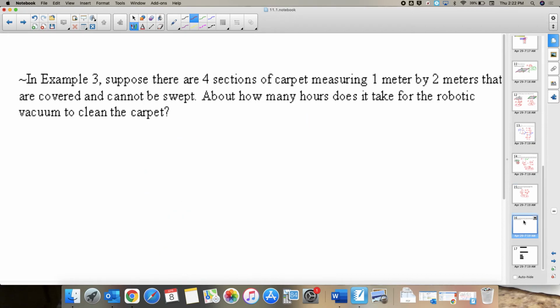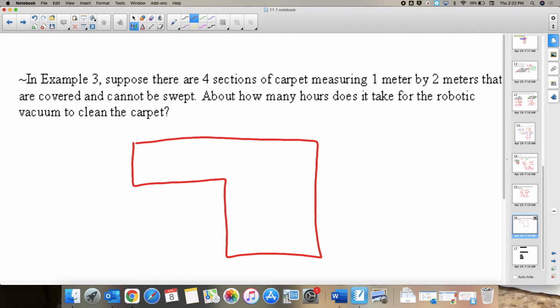Last problem then. It says in example 3, that was our robotic vacuum cleaner. Suppose there are 4 sections of carpeting measuring 1 meter by 2 meters that are covered and cannot be swept. So I have some furniture pieces. There are 4 of them that measure 1 meter by 2 meters. So each one is 2 square meters.